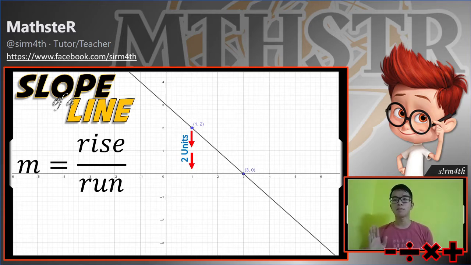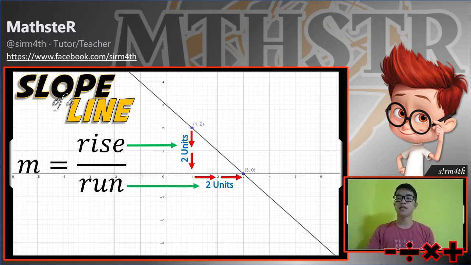Kapag kasi kanina, kabaligtaran yung graph natin, iyon ay pataas. So ngayon, down tayo ng 2 units, then run tayo ng 2 units ulit. And these 2 units going down will be our rise, and these 2 units will be our run.